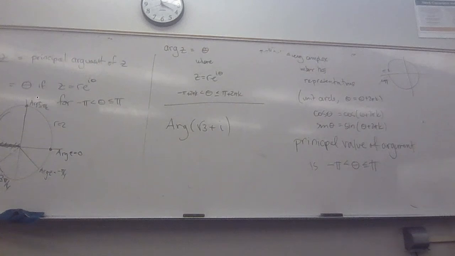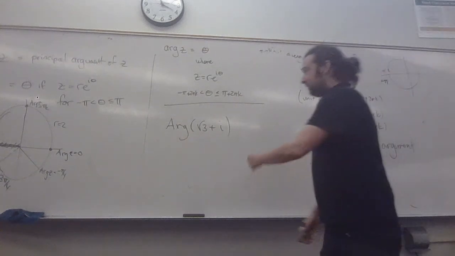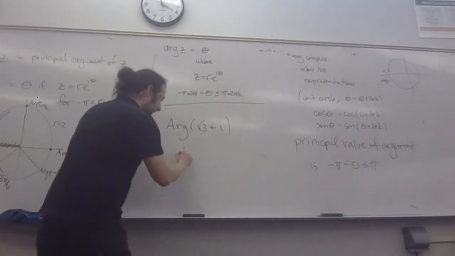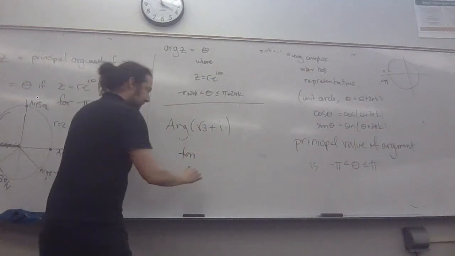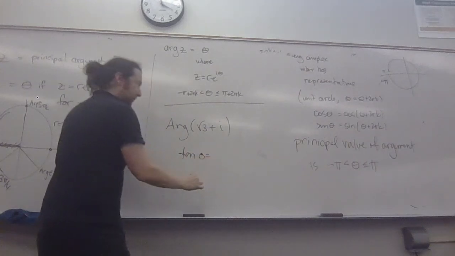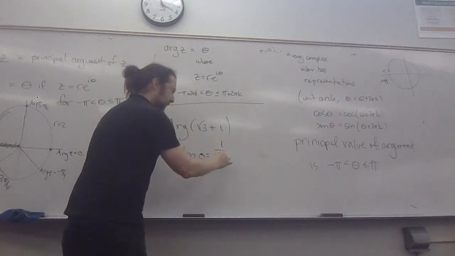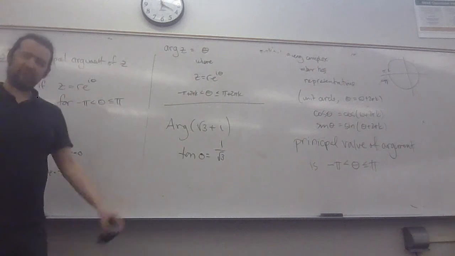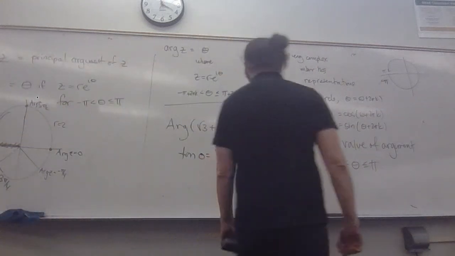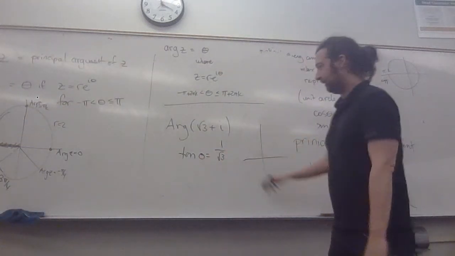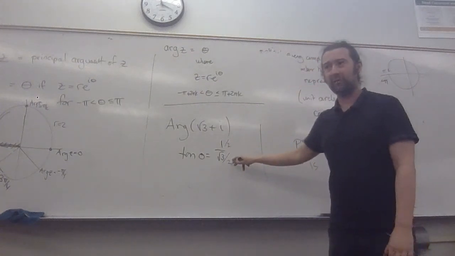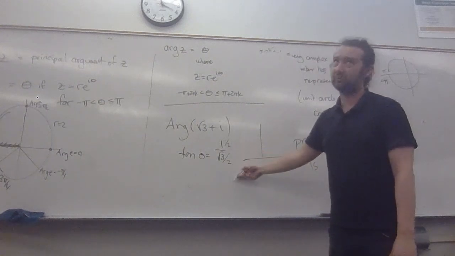Root 3 plus i, that's going to be something like the tangent of theta is equal to y over x. And then you have to go deep in your well of unit circle knowledge to realize that if this had been 1/2 and this had been root 3 over 2, that hasn't changed the problem, which means the y-coordinate was 1/2 and the x-coordinate was root 3 over 2, so this has got to be pi over 6.